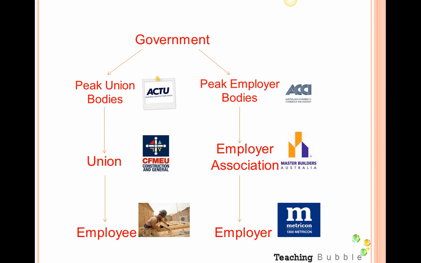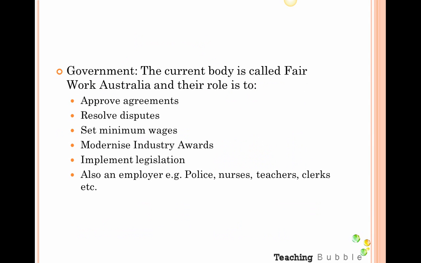And then there's the government, which is involved in setting minimum wages. The current body for employer relations for the government is Fair Work Australia. It's been called a number of different things over the years, but at the moment it's Fair Work Australia, and their role is to approve agreements. Once employees and employer decide on an agreement on what wages and working conditions are going to be, it has to go to Fair Work Australia.